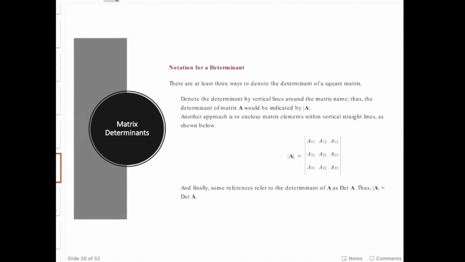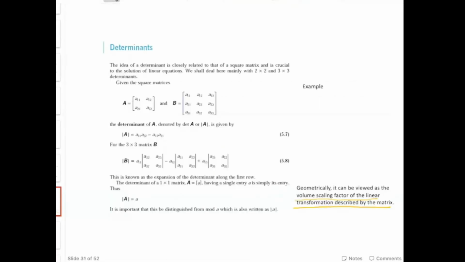You can use the absolute value sign, where it says the determinant of A given as a modulus, or in many other books, we say det of A, or sometimes just det A. The determinant of a matrix, which is a scaling factor of the linear transformation, is closely related to the concept of square matrices and is crucial to the solution of linear equations.